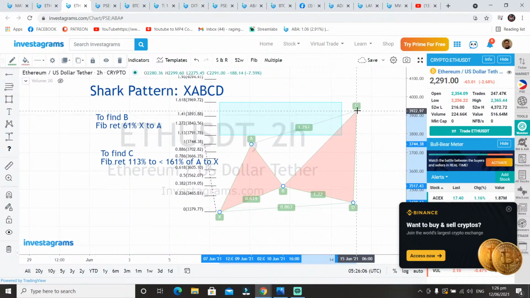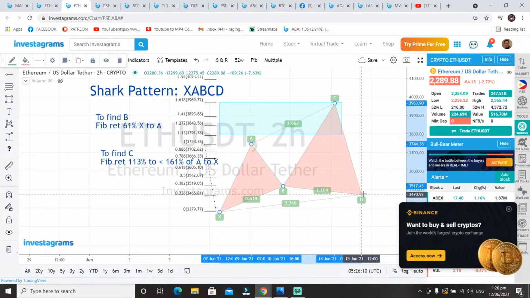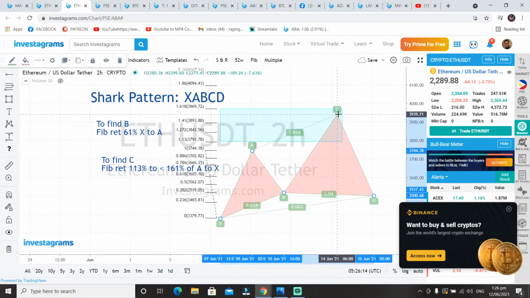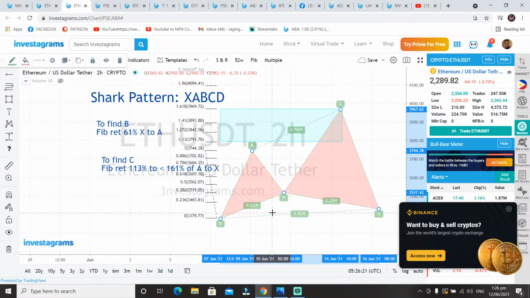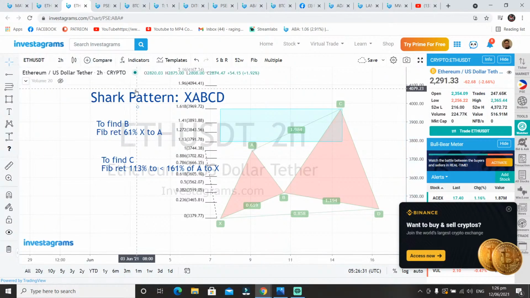Let me check why there's a difference. Anyway, 161% should not be exceeded. I think it's because I used a different pattern here.